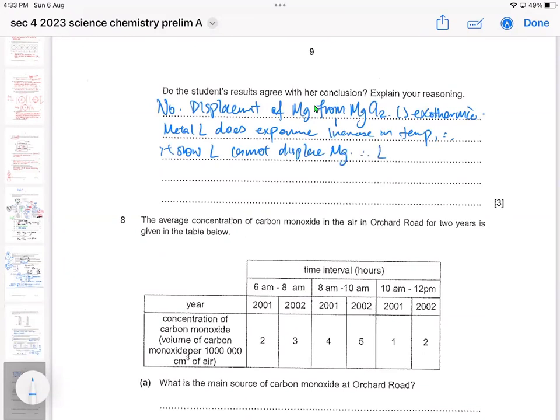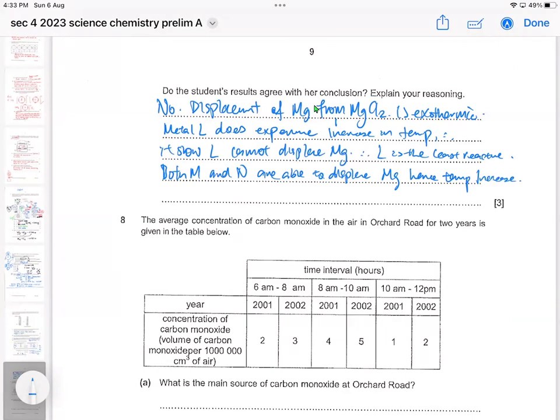So therefore, L is the least reactive, because it cannot displace magnesium. The other two metals, they can. Then I'll talk about both M and N. They are able to displace magnesium, and hence the temperature actually increases due to the displacement.